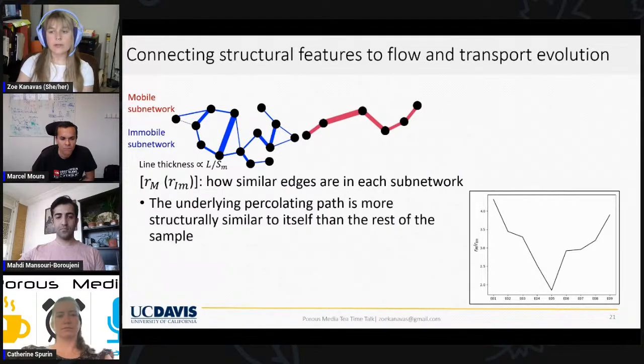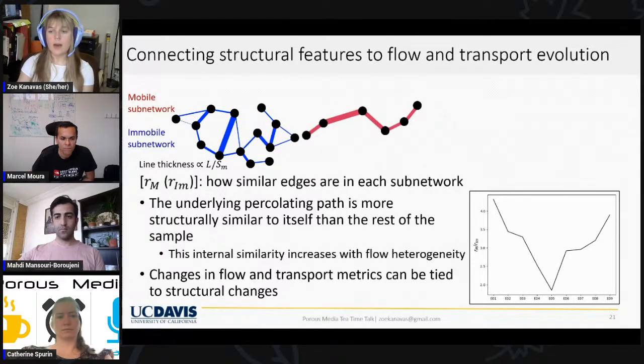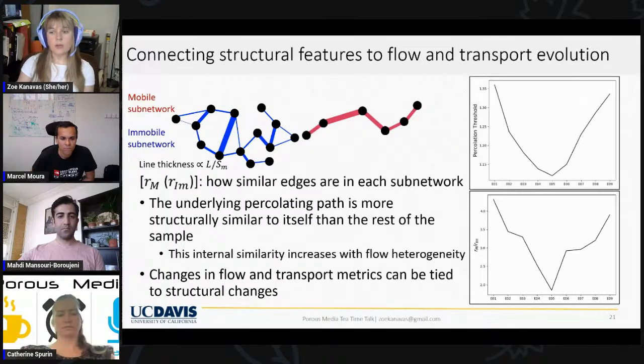However, after our low point at erosion step 5, the contrast and similarity between the regions is increasing with flow heterogeneity. This indicates that we can tie the changes in flow and transport metrics to the structural changes.